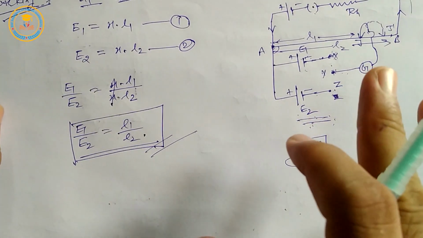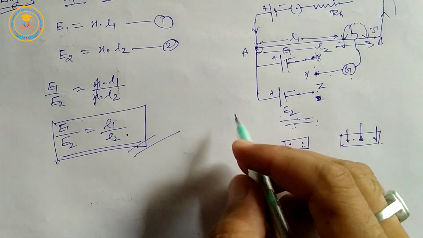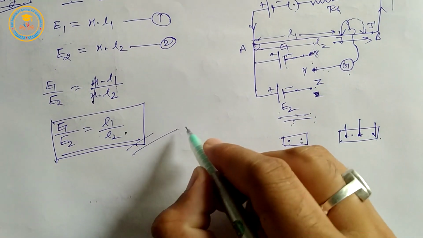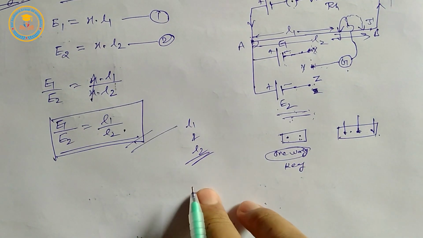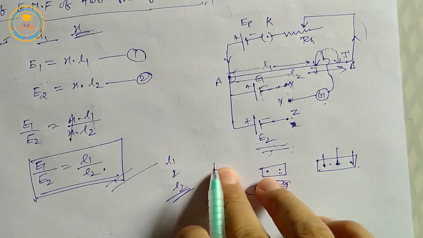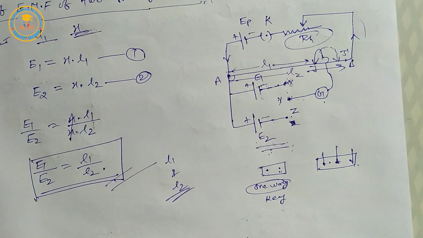In this experiment, we find different values of L1 and L2 by using different values of RH.